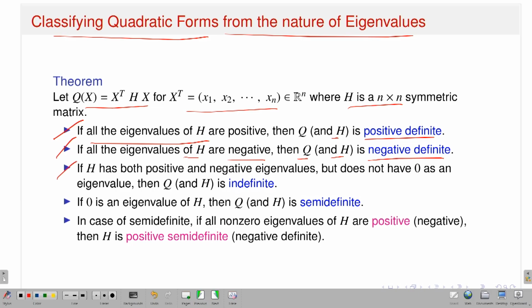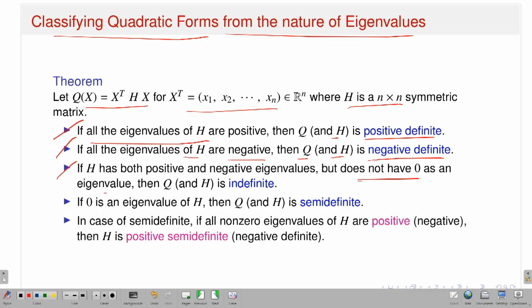If the matrix has both positive and negative eigenvalues, but does not have 0 as an eigenvalue, then the corresponding quadratic form or symmetric matrix is indefinite.